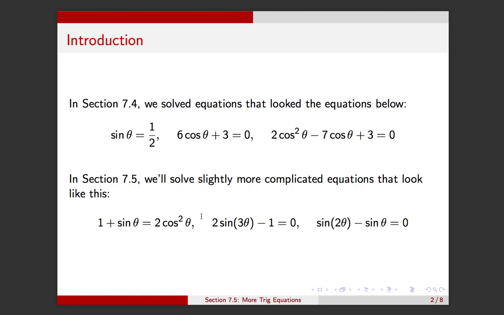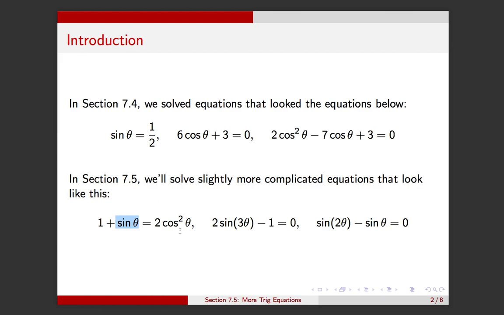So if you think about what's happening in these three equations down below, first of all, they do not look like sine of theta equals a number, cosine of theta equals a number. So they are superficially more difficult because of considerations like that. But also notice this first equation here, it's sort of quadratic because it has a cosine squared, just like this equation here. But notice down here the other term is sine theta, not cos theta.